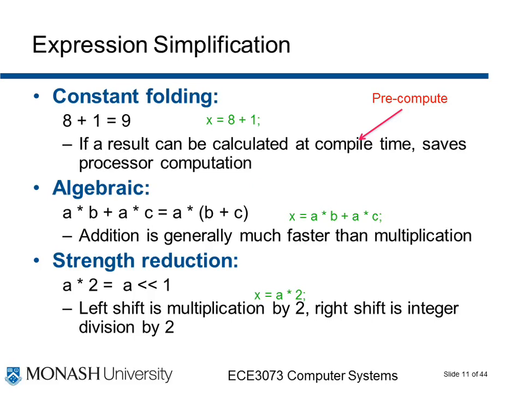If anyone ever wrote 8+1, you would never actually implement that in your code. You would just pre-compute that 8+1 is 9, and whenever you use 8+1, you use 9 instead. Similarly, you can have algebraic manipulations.